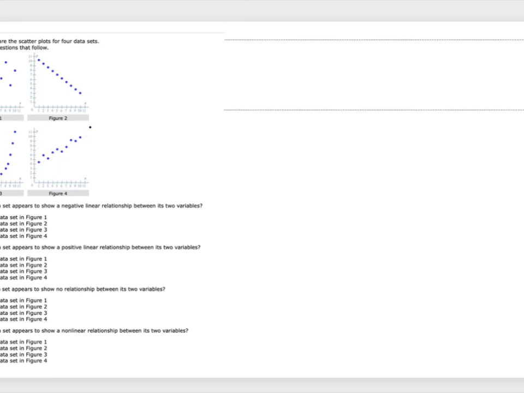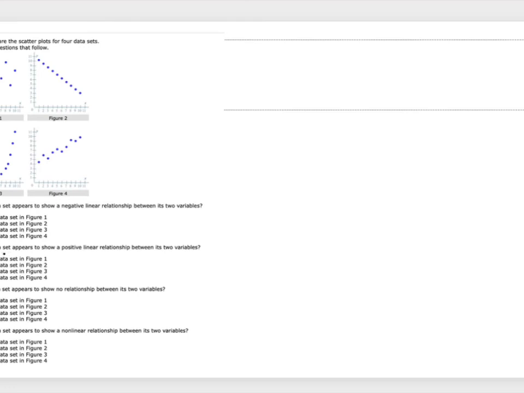And this one is a positive correlation. It's more scattered out than that other one. Which data set appears to show a negative linear relationship or a negative correlation between its 2 variables? Well, if it's negative, it's going down. It's this one. So figure 2 is the answer.